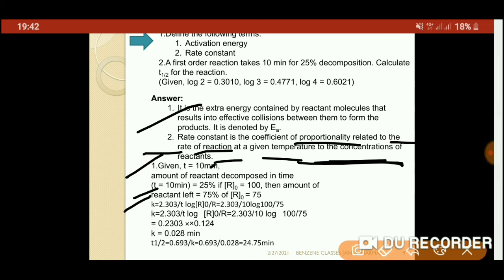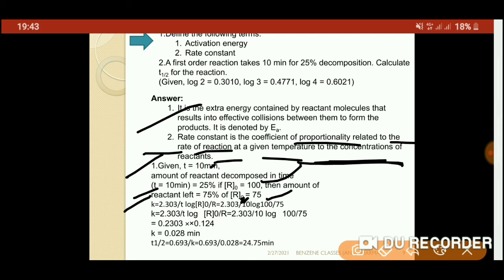So you can apply the formula k equal to 2.303 upon t log R naught upon R. R naught is 100 and R equal to 75. Here is some misprint, so don't worry about it.